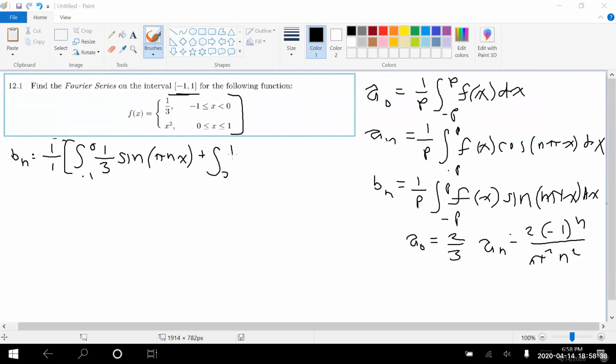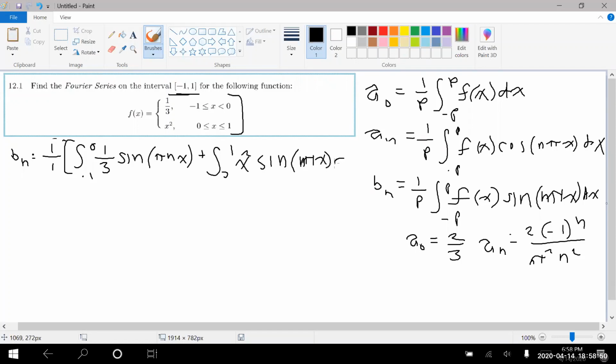Okay, so we have our integral from 0 to 1 of x squared times sine of n pi x dx. I have a really bad habit of leaving off my dx, so don't be like me and try to remember.